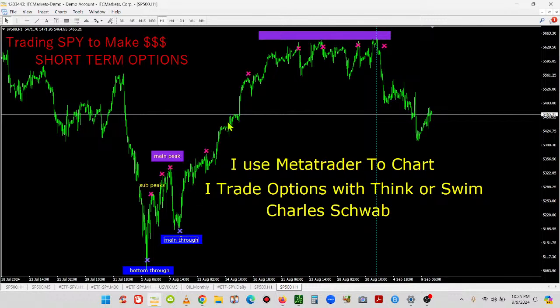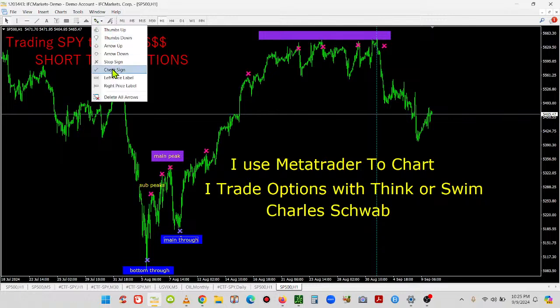Anything that's going up within this top before a serious correction is going to be called a main peak. I just decided that. It's not in the technical analysis books, but that's what I'm calling it. There probably is a technical term for that. You could look that up, but I really don't care about that.